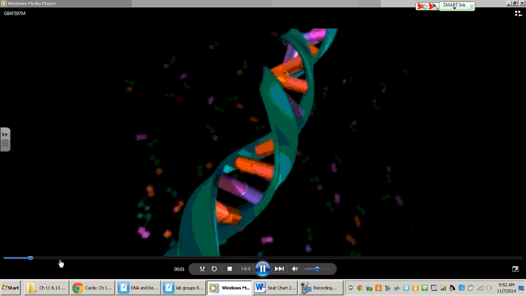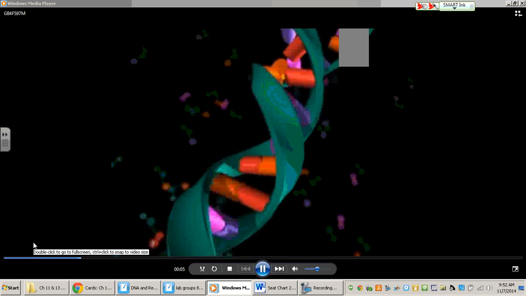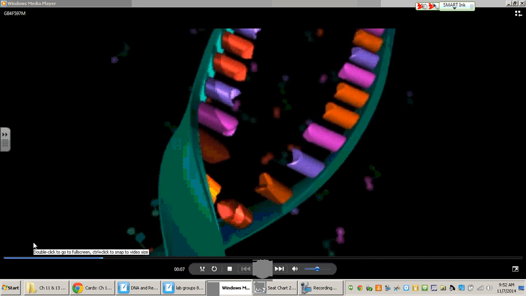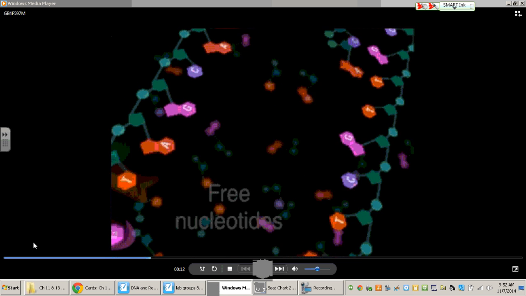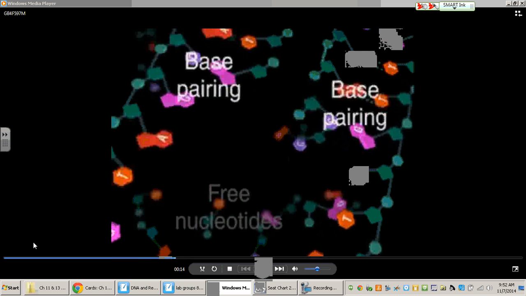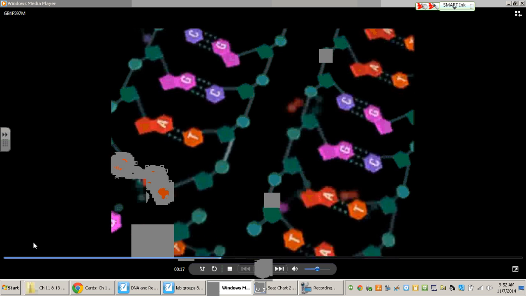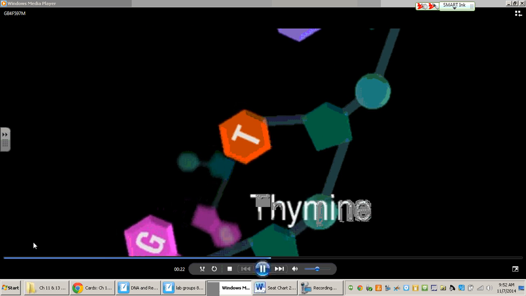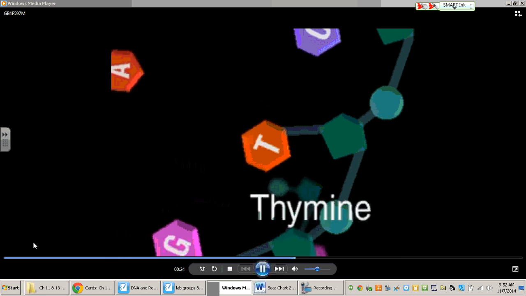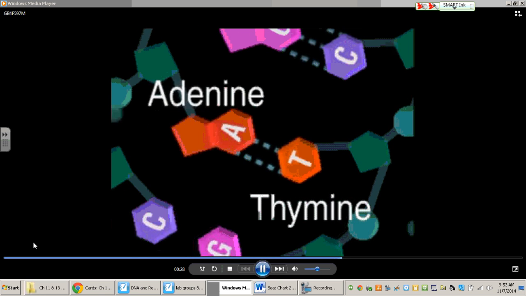In order to replicate, the 2 nucleotide strands of a DNA molecule separate at their base pairs. Each strand then builds its opposite strand by base pairing with free nucleotides. For example, if one nucleotide on a strand has thymine as a base, the free nucleotide bonded to it would be adenine.